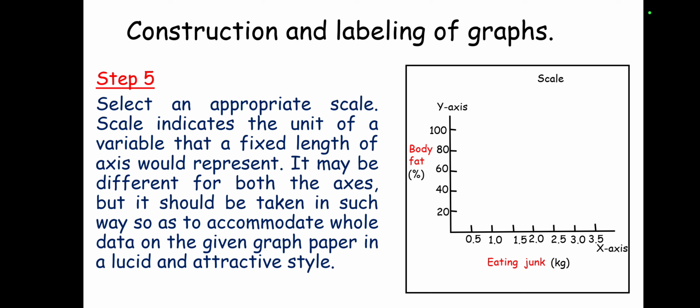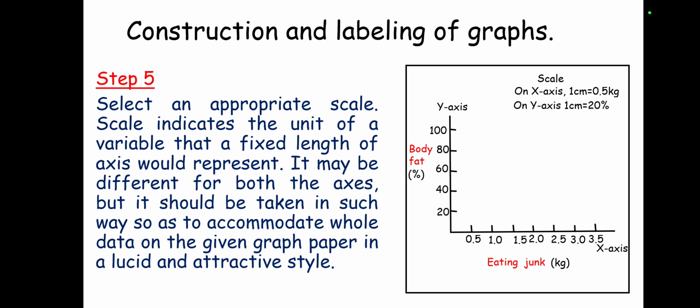So how will you write the scale? Like on the x-axis, 1 centimeter, that is one box, is equal to 0.5 kgs. Suppose the person is a kind of person who eats less junk food, so in that case you can write 0.1 kg, 0.2 kg. So on the x-axis it might be 1 centimeter is equal to 0.1 kg, something like that.